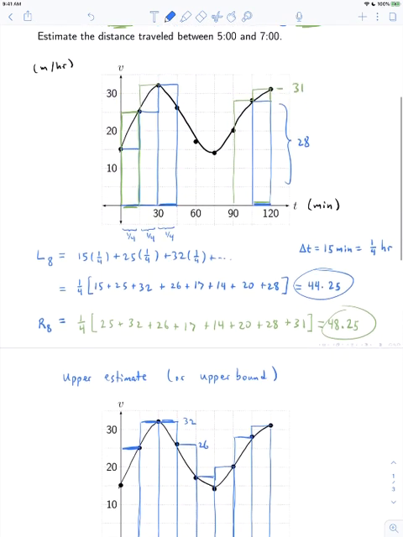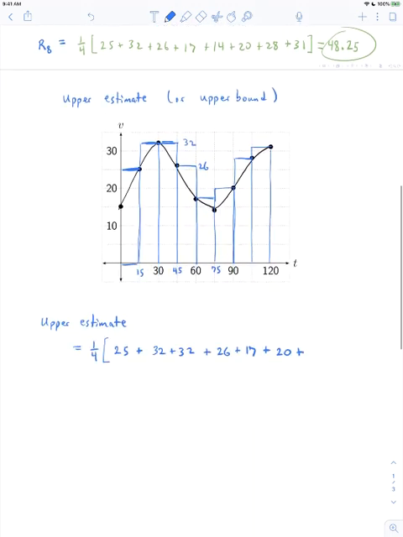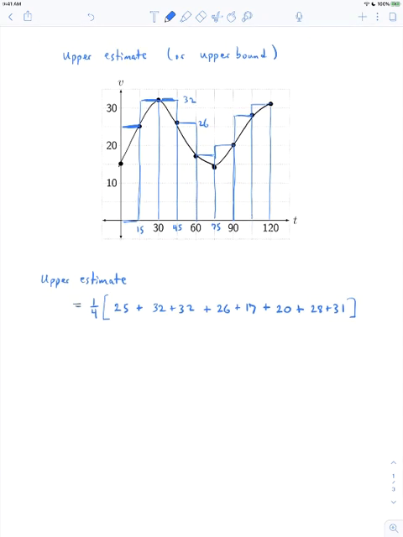And then we pick 28 and 31. And this is going to be our upper estimate. And I believe if you do that computation, you end up with 53. So that tells us that whatever our distance traveled is, it should be below 53, assuming that the curve looks something like what we have here and not something completely erratic.